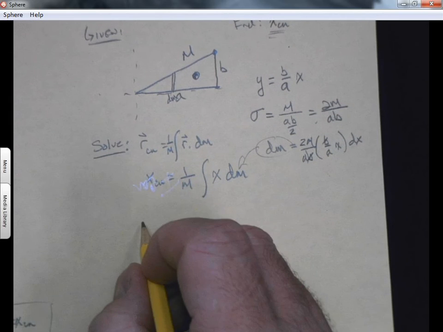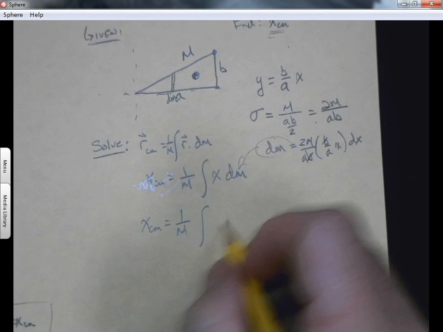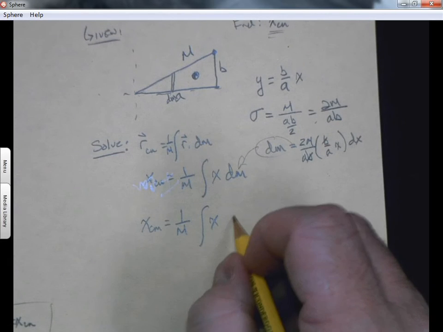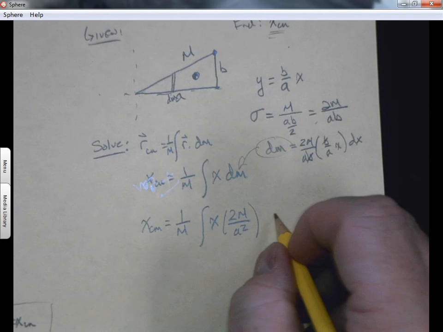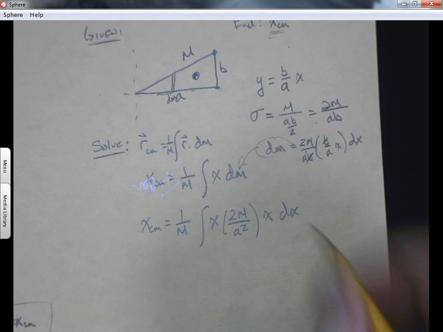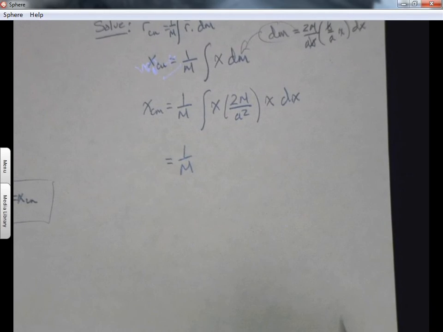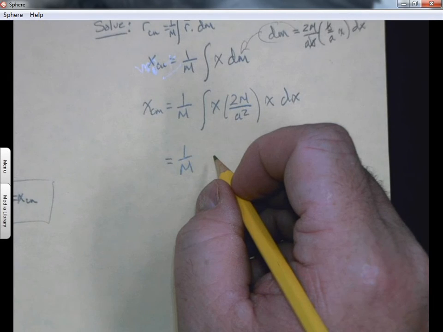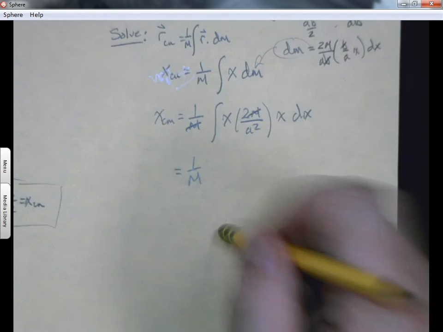All right, so we have 1 over m times x times our dm, which is 2m over a squared, and another x dx. Right, that gives us 1 over m, actually the m's can cancel, that m's going to cancel with that m, so we don't need that anymore.